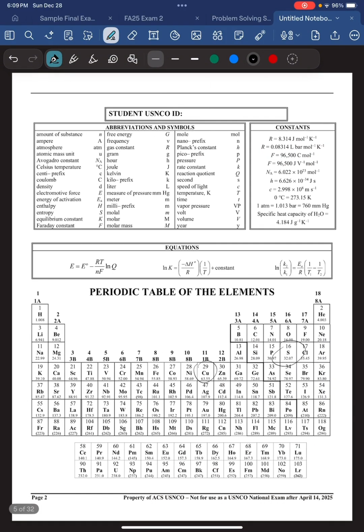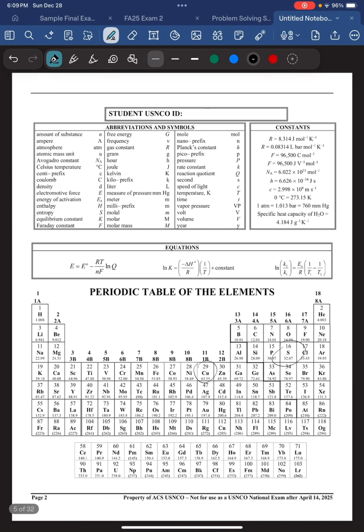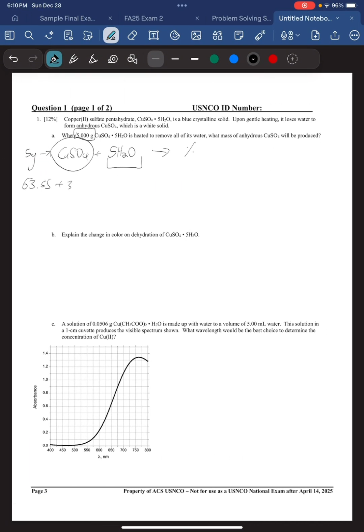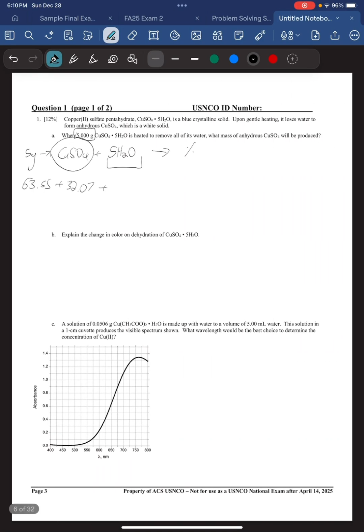So we look at our periodic table, and we notice that copper has a mass of 63.55 grams. Sulfur has a mass of 32.07 grams. And then oxygen is 16 grams, but there's 4, so you want to do 4 times 16. And now for the water, this part is just the anhydrous copper sulfate.